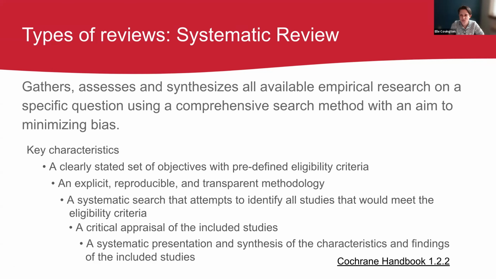So let's jump into the most common one: systematic reviews. So gathering, assessing, and synthesizing all information, or all available empirical research, on a question. So we're trying to minimize bias here. Again, those goals. Within different disciplines, there are different expectations about how rigorous these are going to be. So within the health sciences, I've got the Cochrane Handbook listed here as my source.